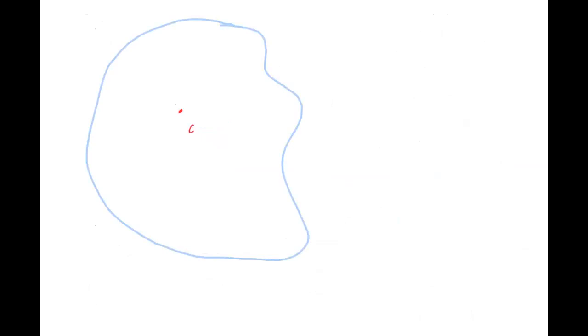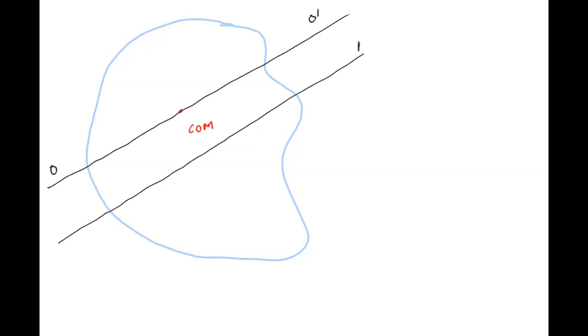So I can have this three-dimensional object, and I can say that look, this is the center of mass. Now I can have this axis as OO dash, and this axis as AA dash, and I can write I AA dash is equal to I OO dash plus MH1 square, where this distance is H1.